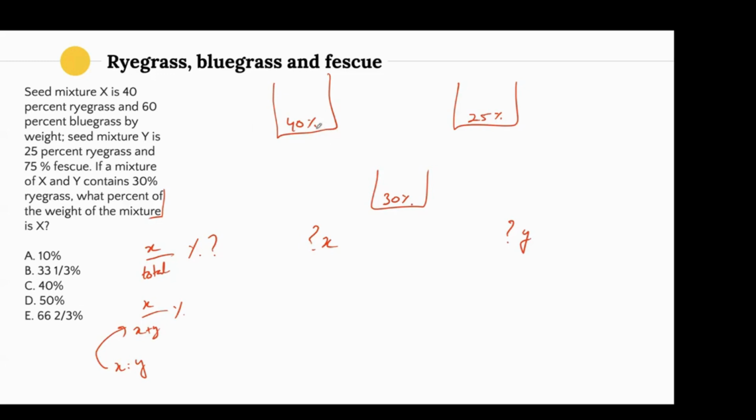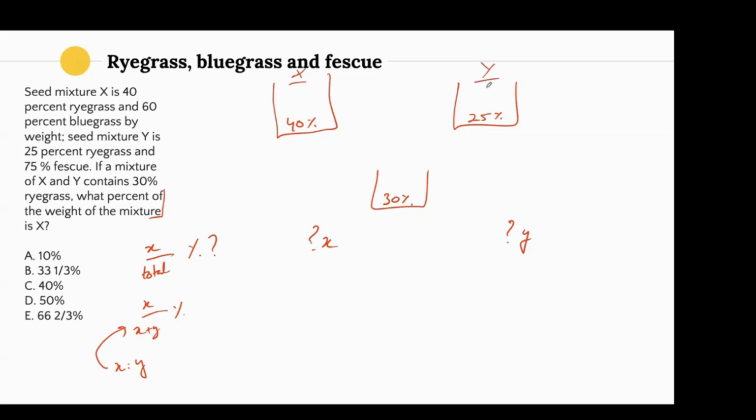First things first, 40 and 25. The exact average is 32.5. So if they were mixed in equal quantities, then the overall average would have been 32.5, the simple average. In our case, the average is less than 32.5. Therefore, which one would be more? The 40% mixture, capital X, or the capital Y?